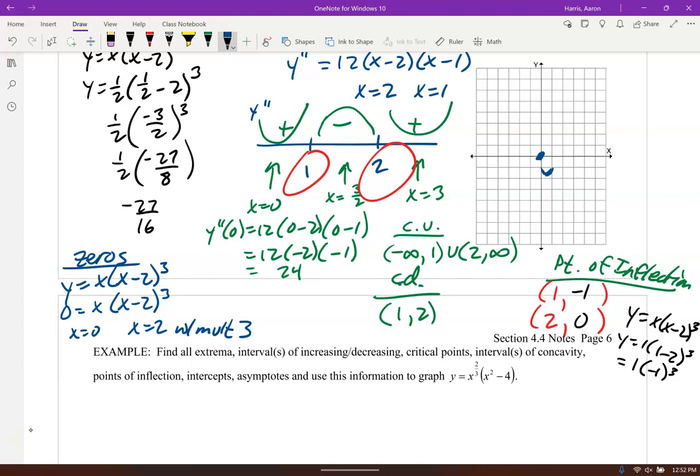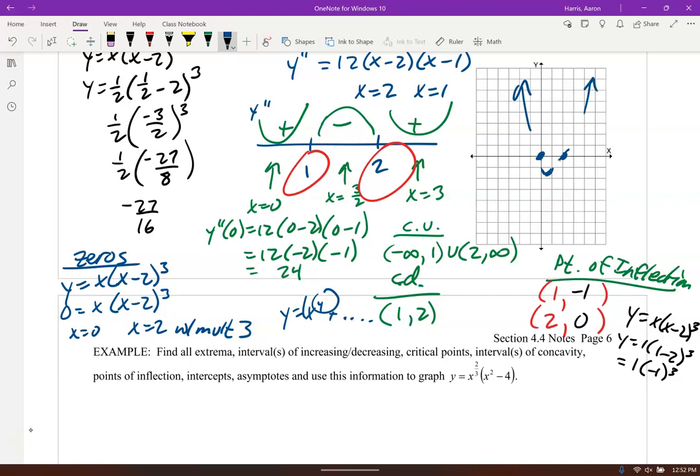So it hits at 0, and then it hits at 2, and it's an odd multiplicity. So I know it's got to cross through there. And then finally, if I was to multiply this whole thing out, I'd have x to the 4th plus blah, blah, blah. So it's an even degree, positive leading coefficient. So I know it goes up to the left and up to the right.